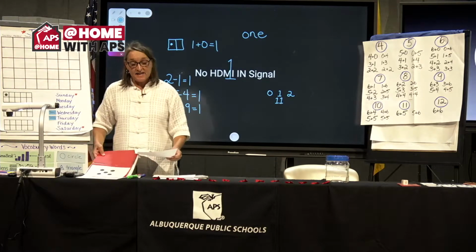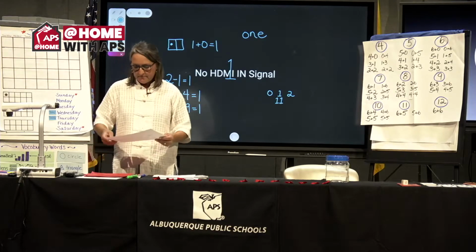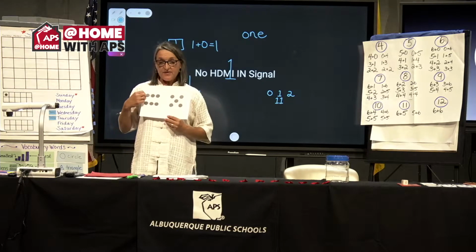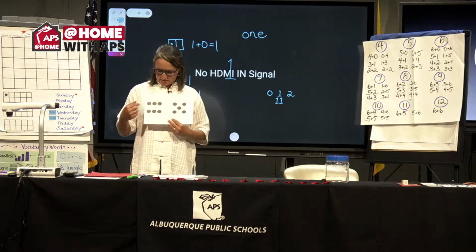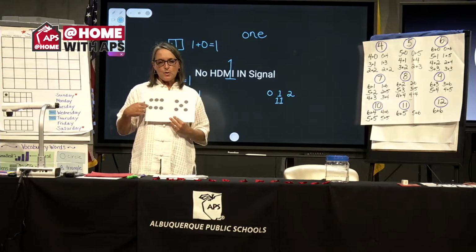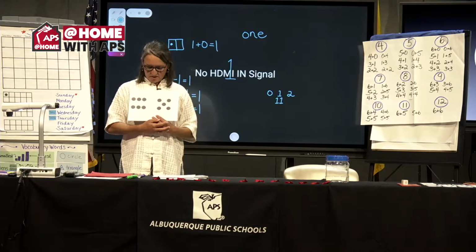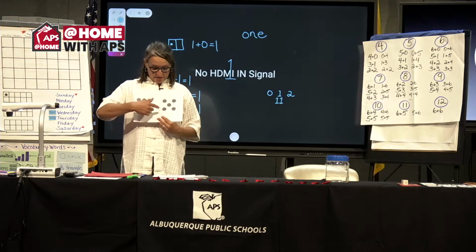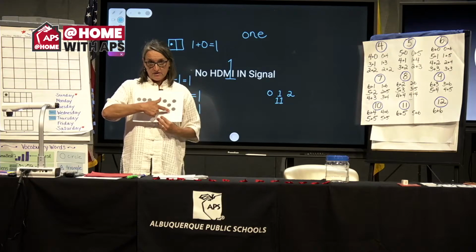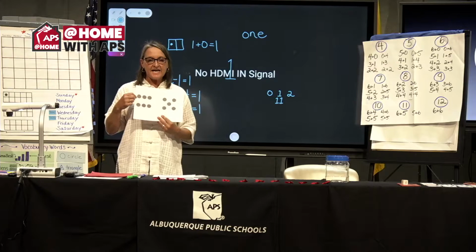Another way that dominoes can help me is I can use the patterns and think about other facts I know, even without thinking about moving dots around. So what if I didn't know 6 plus 5? How could I figure it out without counting? Well, I might think about 5 plus 5, because that's a fact I know, right? That's 10.